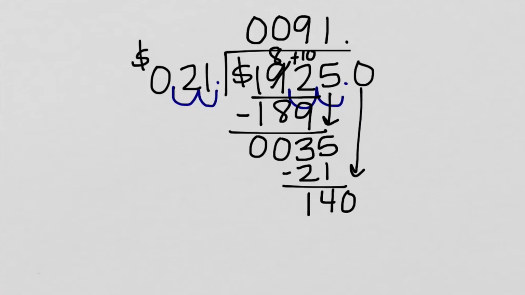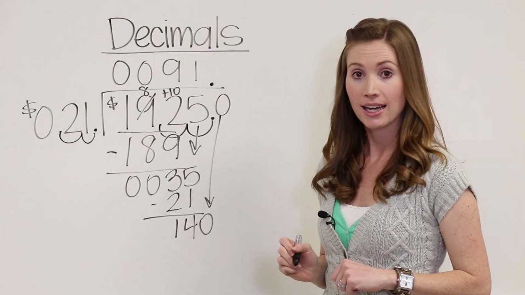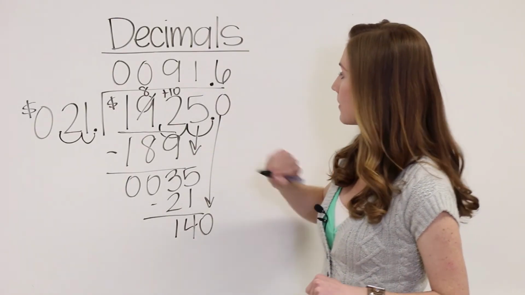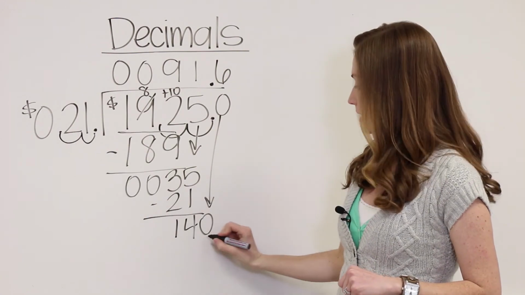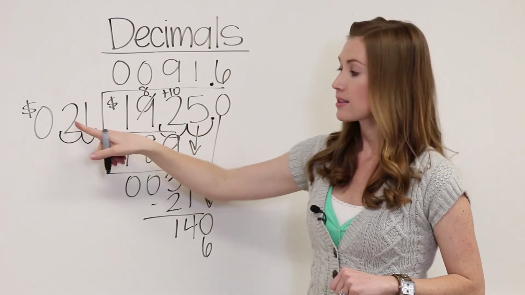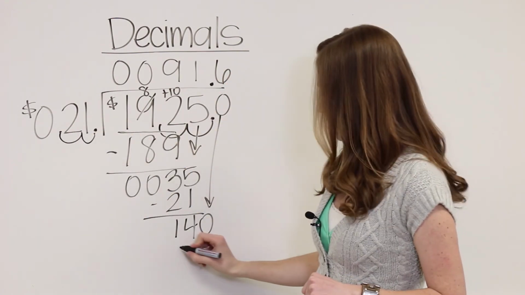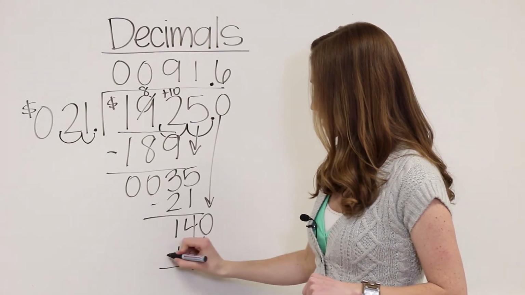How many times can 21 go into 140? 6 times. 6 times 1 is 6. 6 times 2 is 12. Let's subtract.